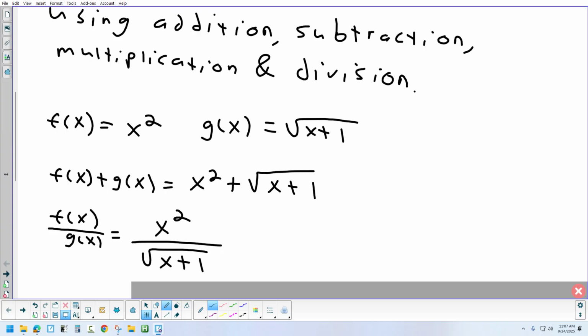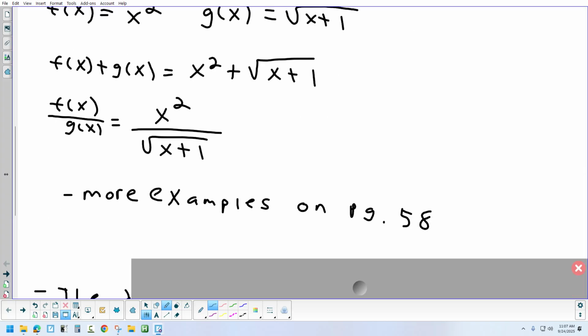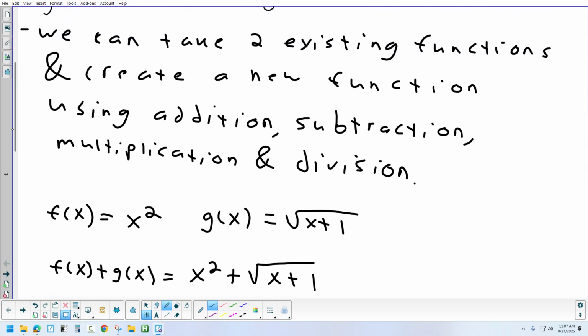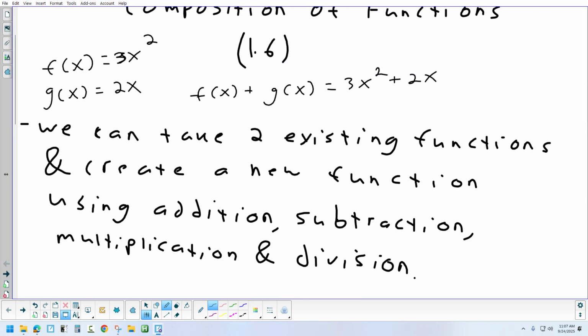So if you got that far, that's fine. Any questions on that? So that's a new function created by dividing the originals. There are a lot more examples on page 58, and I gave you another example up above.